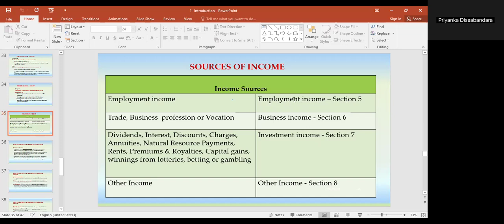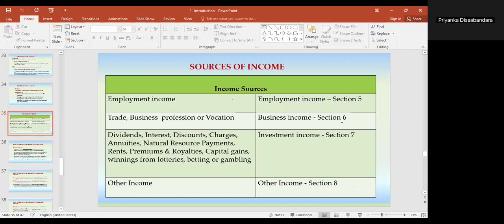What are the incomes we have to include, what are the incomes we have to exclude, and what are the incomes we have to determine, what are the incomes we have to remove. Everything is provided under section 5. According to section 5, the total amounts we have to consider under employment income are provided.